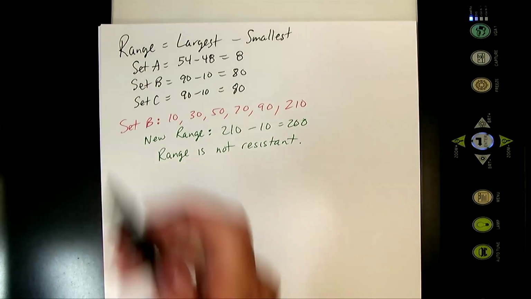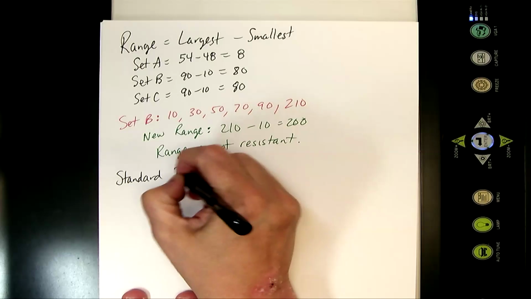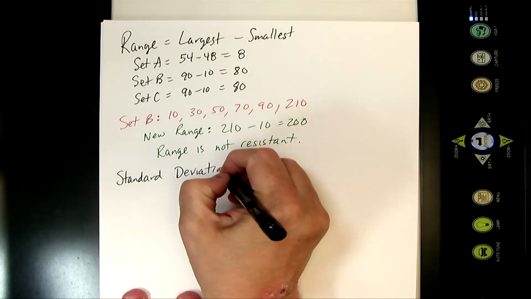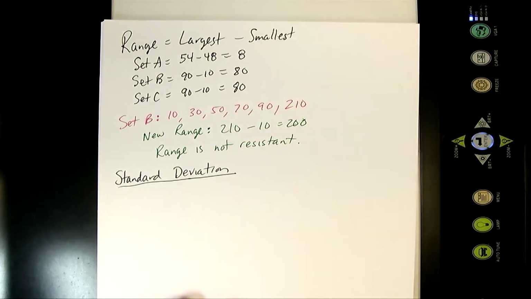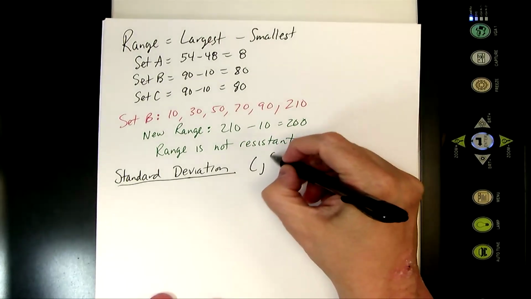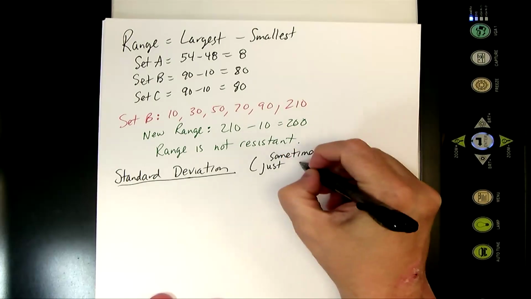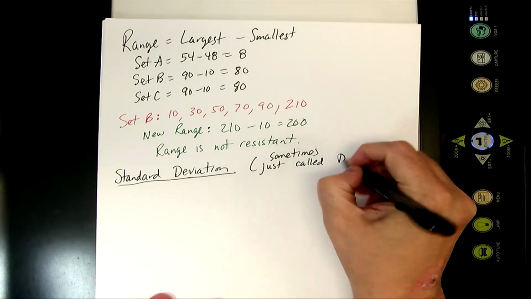So what we're going to use for many things is standard deviation, sometimes just called deviation.